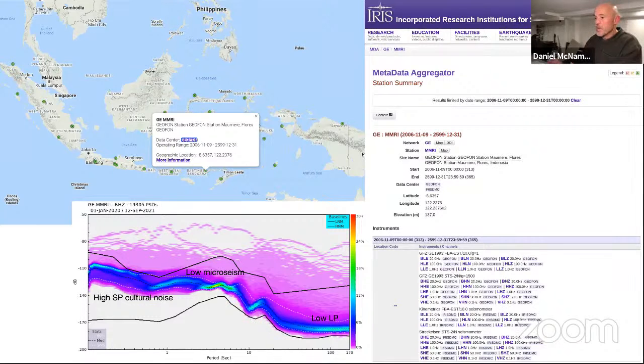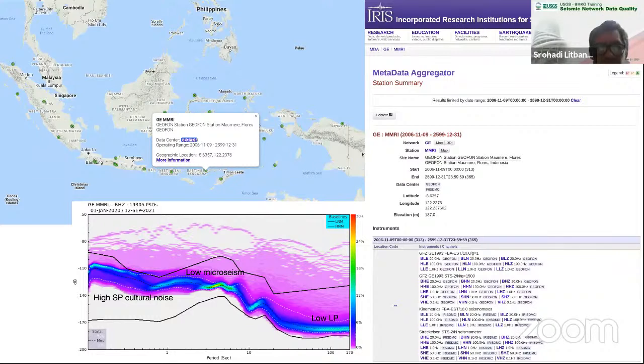Microseism in the mid-band is relatively low. It's closer to the low noise model, which is surprising to me considering that it's so close to the ocean, but maybe on the north side it's not as noisy, but it looks pretty good.